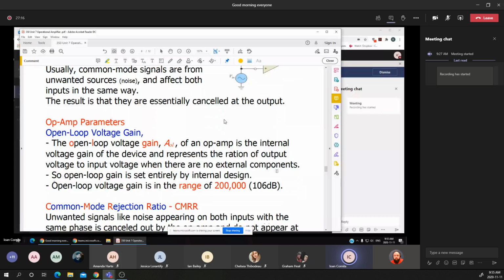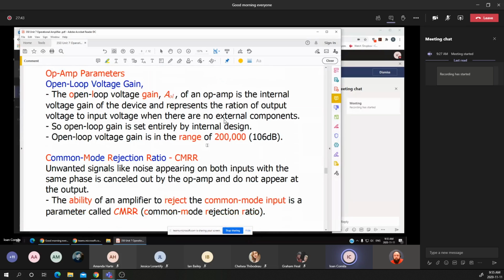Those values, again, are provided by the manufacturer, in the specs of the op-amps, and we cannot change the internal design. We can use an external circuit, and I will introduce today the feedback, or the negative feedback, that is used in most of the circuits.